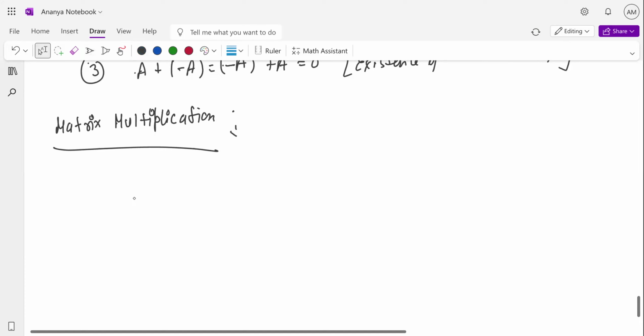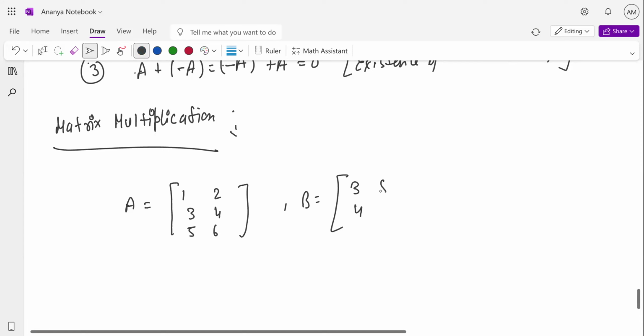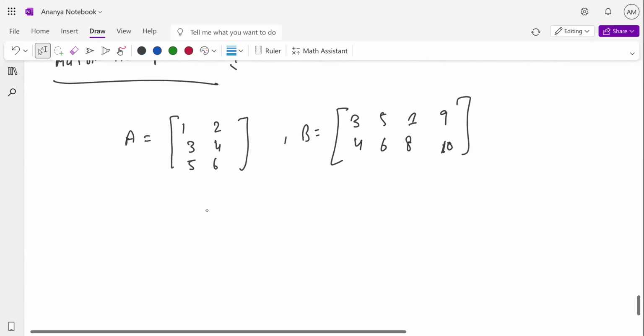Okay, how do we do matrix multiplication? Let's say I am having A as 1, 2, 3, 4, 5, 6, and I am having another matrix B as 3, 4, 5, 6, 7, 8, 9, 10. For the first element, I'll be having A into B, some bigger matrix.